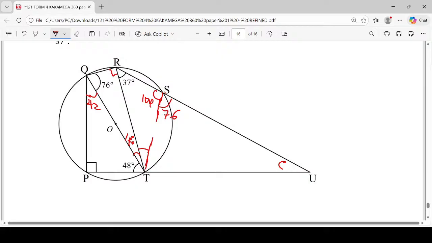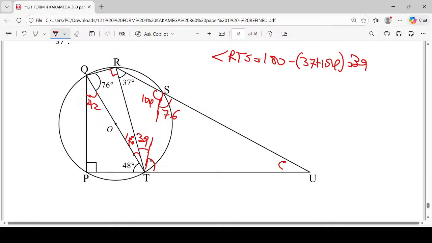To get angle R, RTS, it will be 180 minus 37 plus 104. So when you take 37 plus 104, you minus 180, that angle is 39. So this angle here is 39.